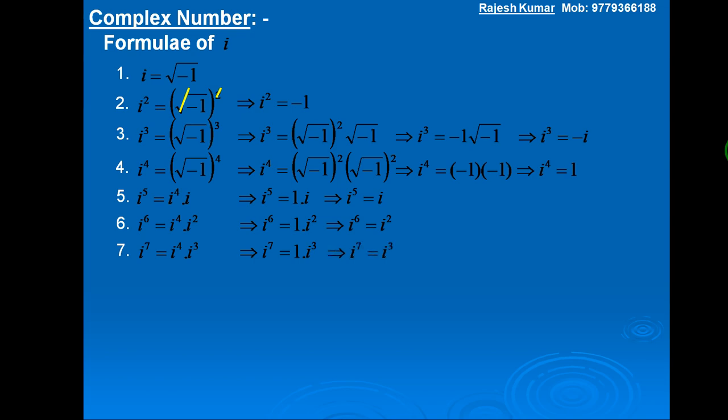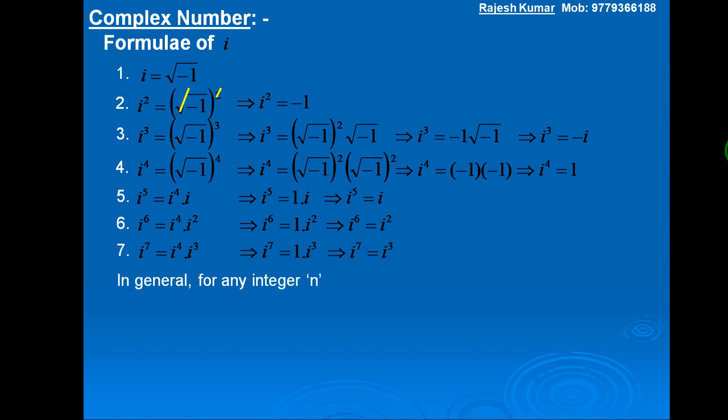And this implies iota to the power 7 is equal to iota cube, which is equal to minus iota from formula number 3, iota cube is equal to minus iota.